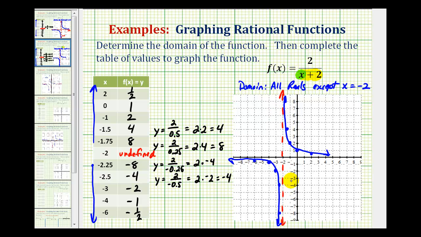So again, we had a vertical asymptote at x equals negative 2, but we also have a horizontal asymptote here along the x-axis, which would be y equals 0. Notice as x approaches positive infinity, this fraction here would approach 0, and if x approached negative infinity, this would also approach 0. This is the reason why we have this horizontal asymptote at y equals 0.